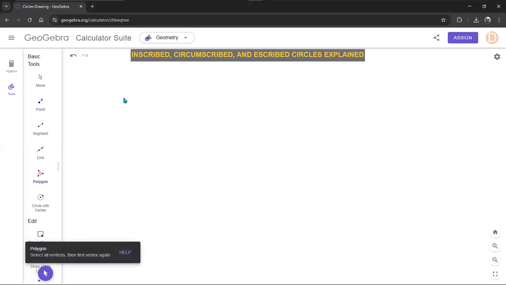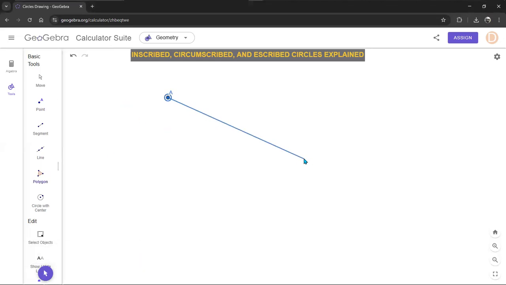So we're going to start with just any triangle. So I just create any triangle, triangle ABC, that way. So we have our triangle already.